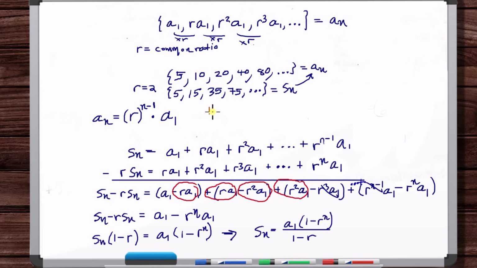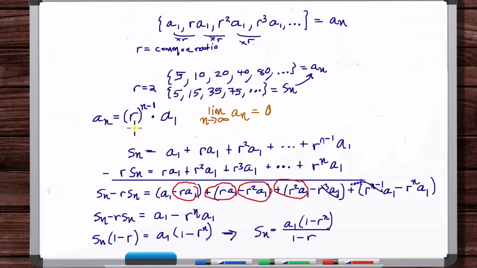So what is the limit as n approaches infinity of this a sub n? This is the formula for a sequence, the geometric sequence. Well, the idea is if the absolute value of r is less than 1, then this will go to 0. Right?